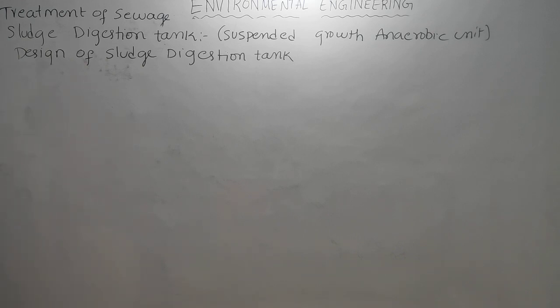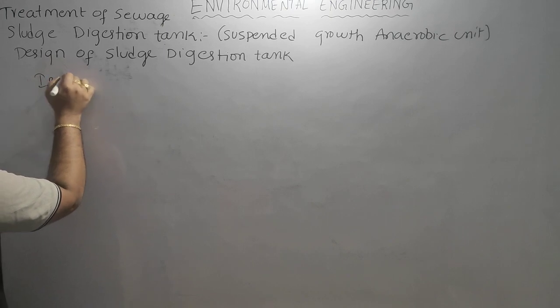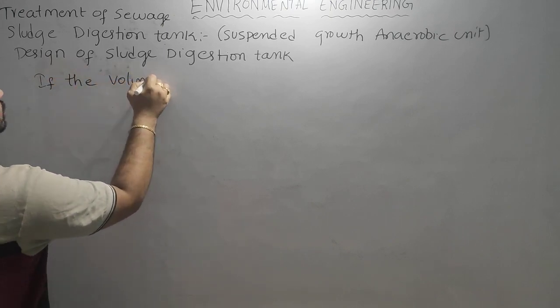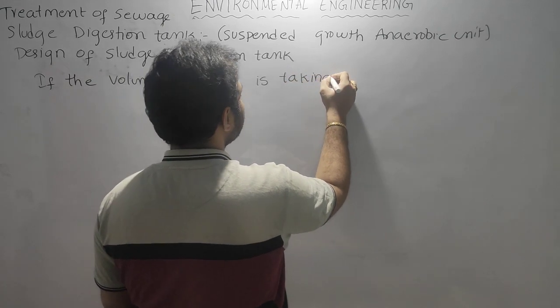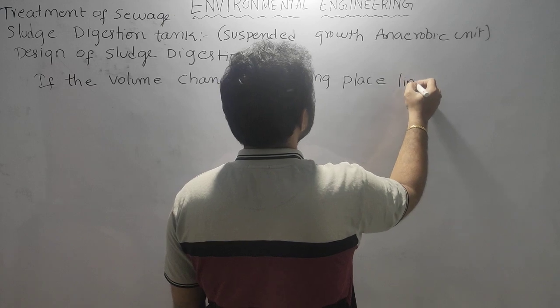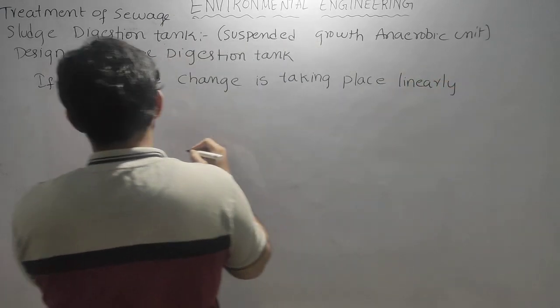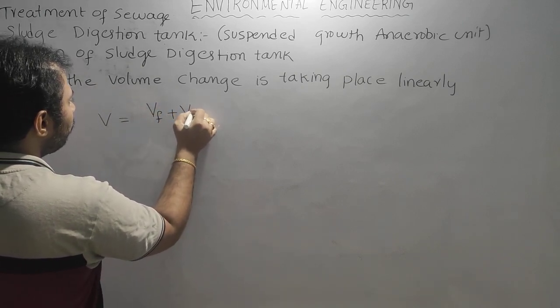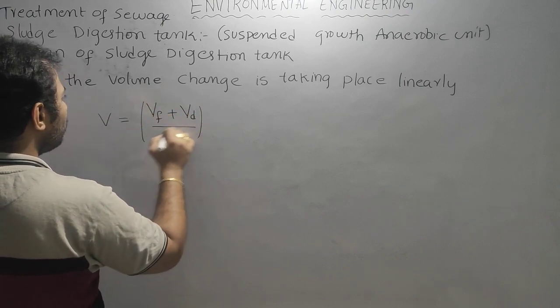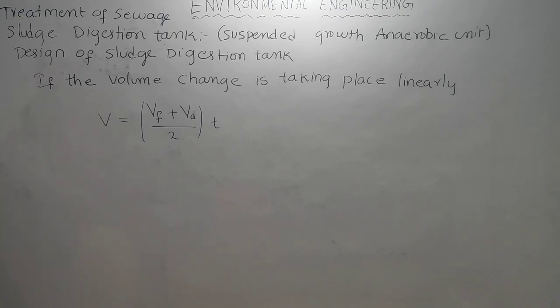If the volume change is assumed to take place linearly, then the volume of the sludge digestion tank is equal to (Vf plus Vd) by 2, into T. So what is Vf?